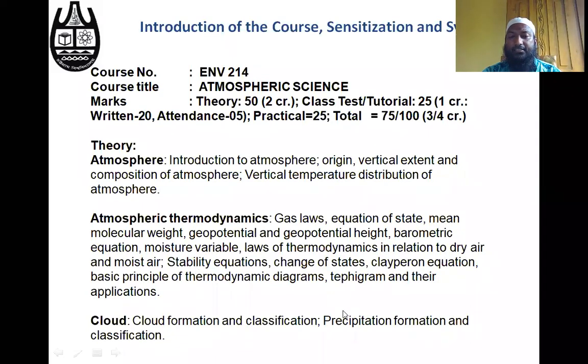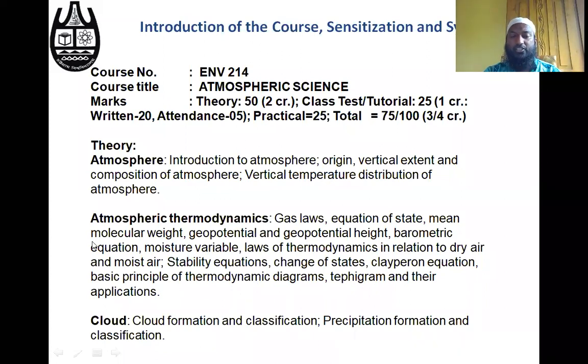Again, another important topic is the tephigram. A tephigram is a graph which shows the cause and effect of different environmental factors, such as temperature. You have a certain amount of temperature, a certain amount of air pressure, a certain amount of humidity, and how they come together gives you an understanding of what the condition of your environment would be. Will it rain? Will it give you a good shower of rain, or will you see a very dry condition?